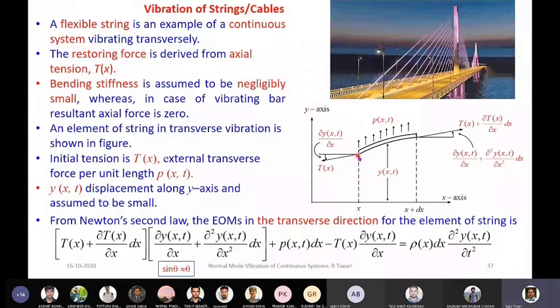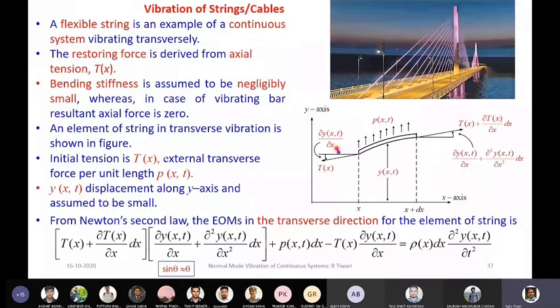The tension on the left side is T, along the cable, because the slope due to the deformation of the cable at the two ends is different. Here the slope is dy by dx.